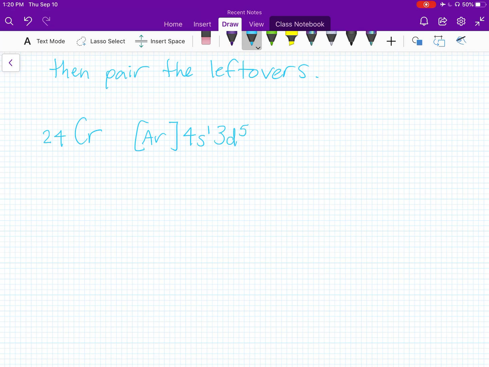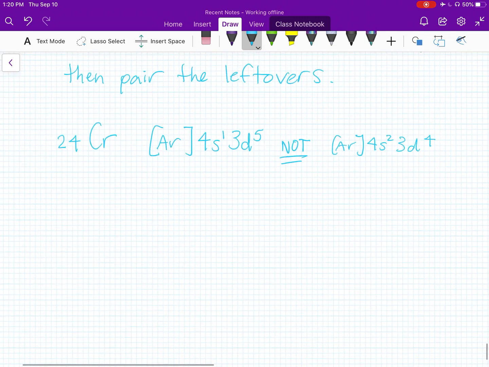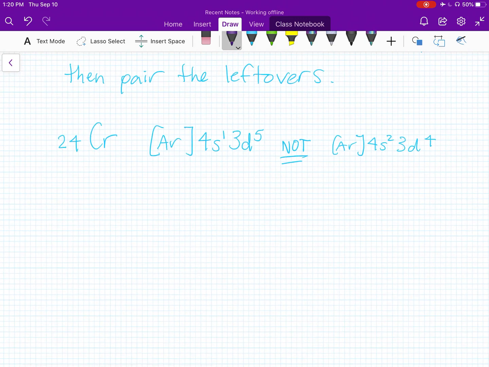That is a very weird electron configuration, okay? It's not what you would expect, which is probably, if you were just doing this, you would write 4s2, 3d4. So why is this observed? Hund's rule kind of explains why.